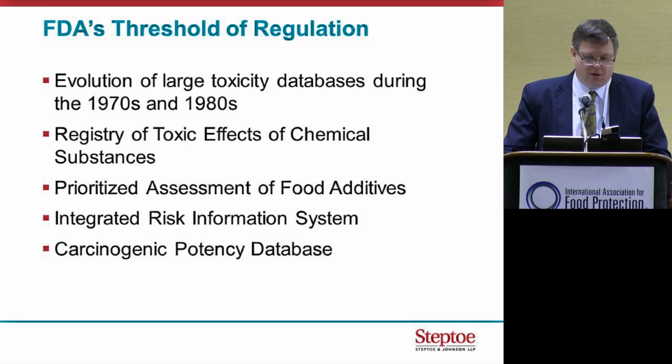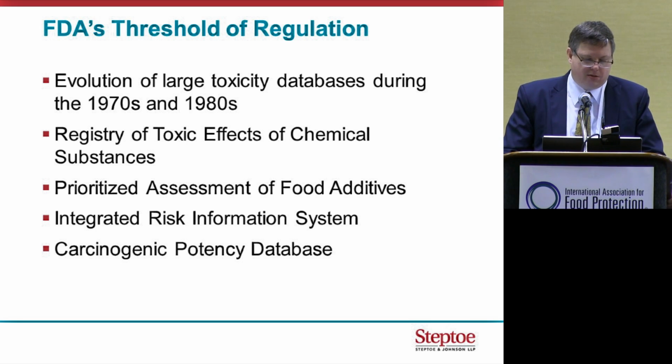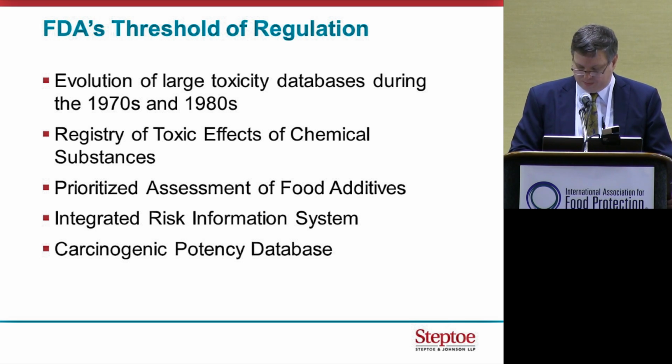So what changed with respect to these various approaches really was the evolution of large toxicity databases in the 1970s and 1980s, particularly databases such as the IRIS database and the so-called CPDB, the carcinogenic potency database.